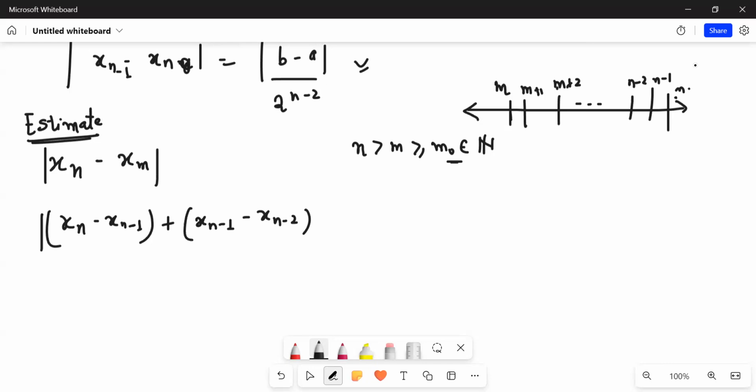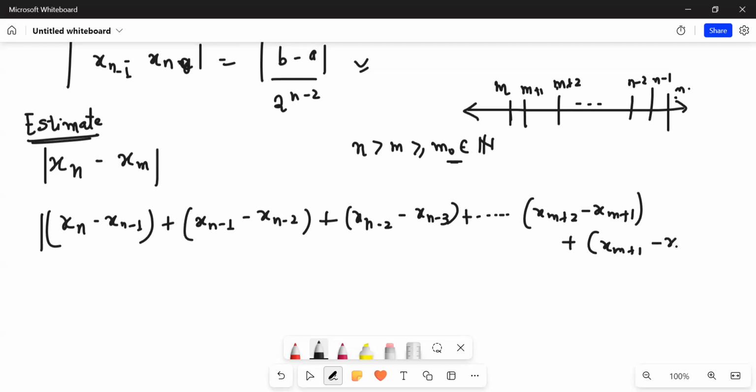Now I use the triangle inequality here. Is that clear till now?